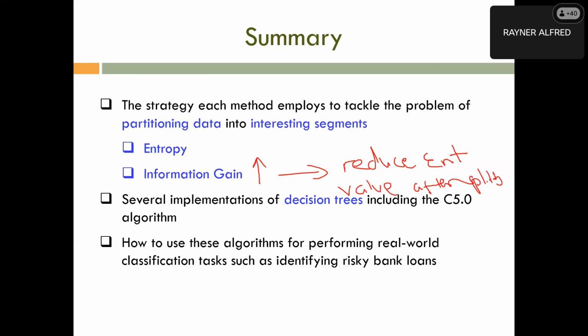Okay. So we can use C5.0 to perform the classification, and by adding more trials, you can improve the accuracy of the classification. Okay.